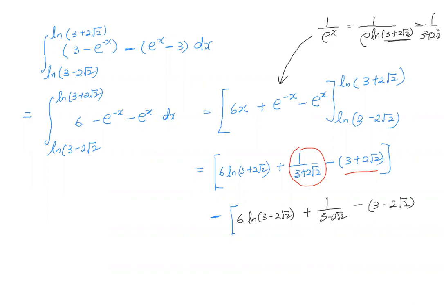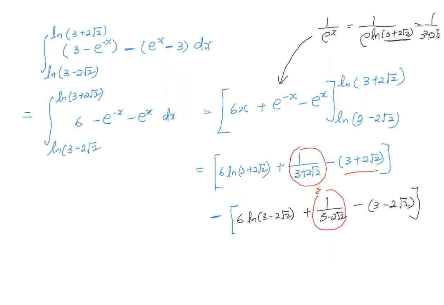In this case, my situation is very complex, so we don't expect you to simplify this part. When you minus off, we don't expect you to simplify this part. So you can just write it like that.